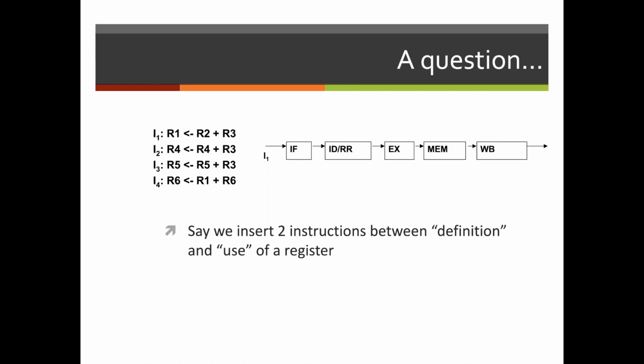And so now we have a new instruction 2 and a new instruction 3, and our previous old instruction 2 is now instruction 4. So what happens to our data path if we were to insert these 2 instructions between the definition and use of a register?